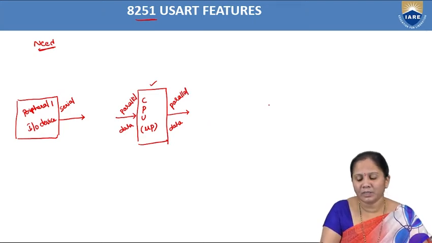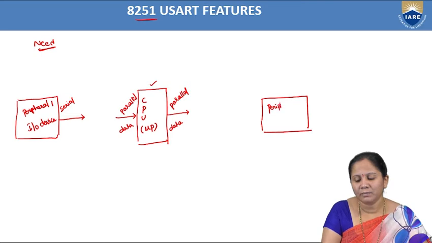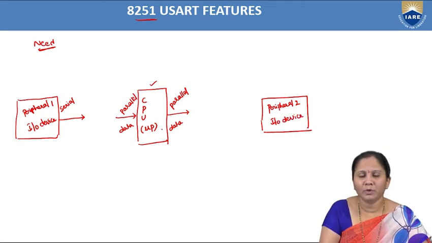To transfer this data to another peripheral device, consider this is peripheral device 2 or IO device. If the CPU wants to transfer data to this peripheral device, the device will accept only serial data.